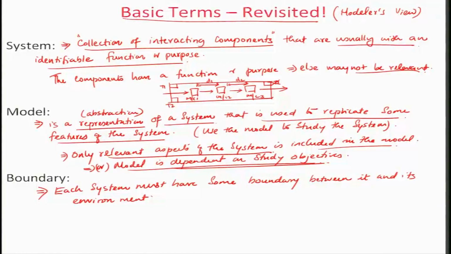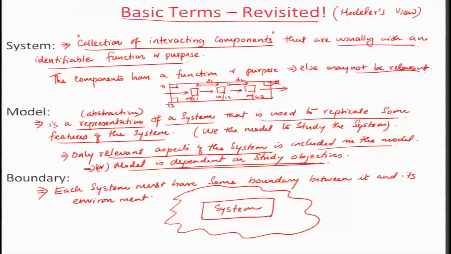One way to think about it is, if you think about this as a system, and let us call this the environment, then this component becomes the system boundary. And obviously the system interacts with the environment.